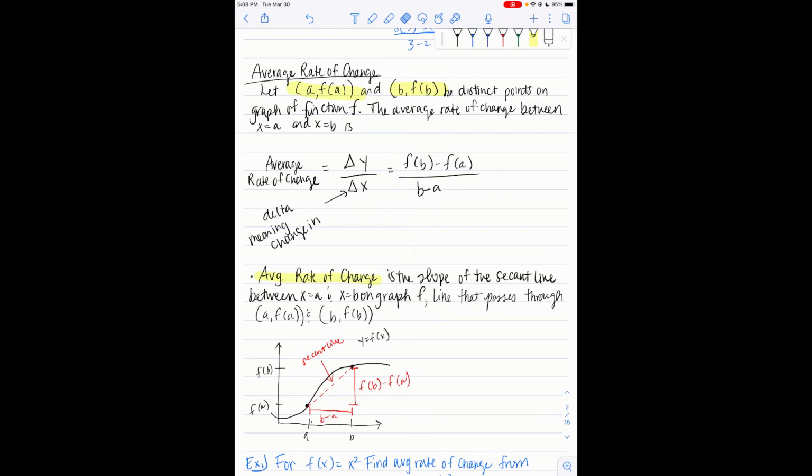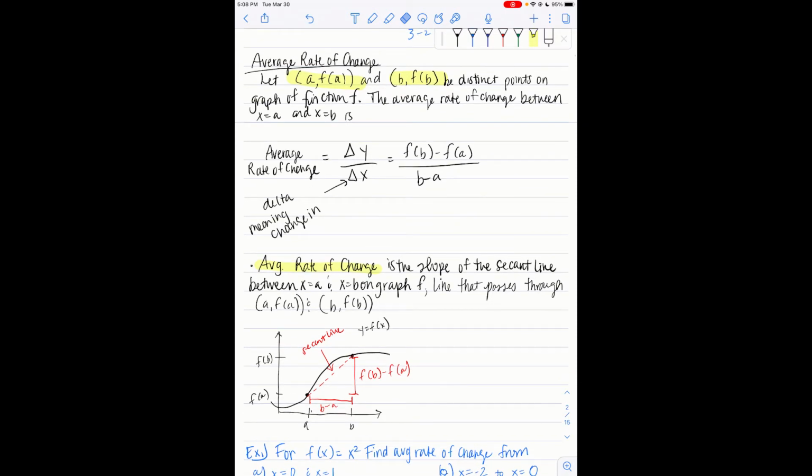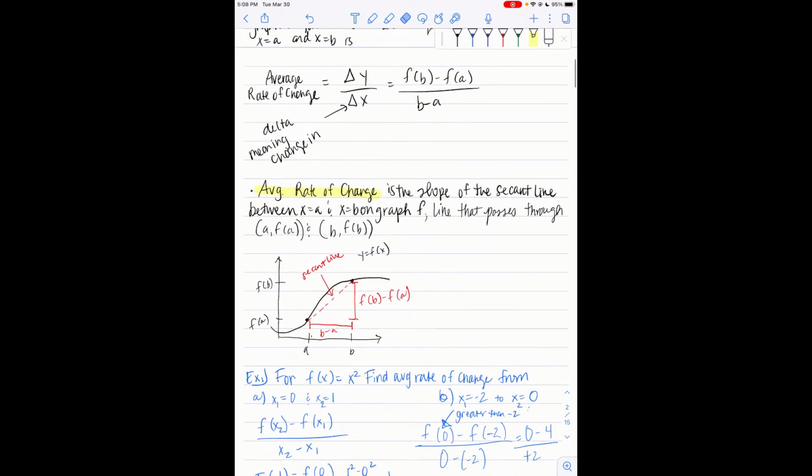The average rate of change between a and b, x equals a and x equals b, is f of b minus f of a over b minus a, or delta y over delta x. The delta is the triangle, and that just means change in. So we're basically doing the change in the y values at a and b over b minus a. So it's change in y over the change in x.